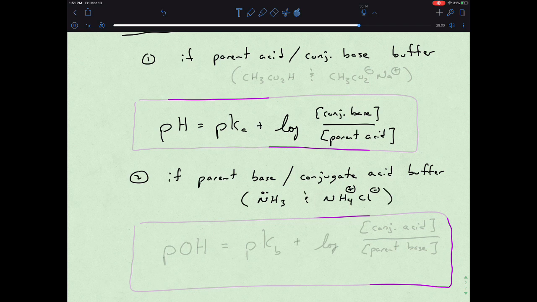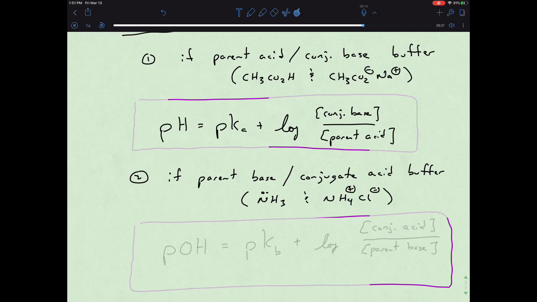That would be an example of a parent base and its conjugate buffer. Just like earlier, we had the example of the acetic acid and sodium acetate as the parent acid style of buffer.